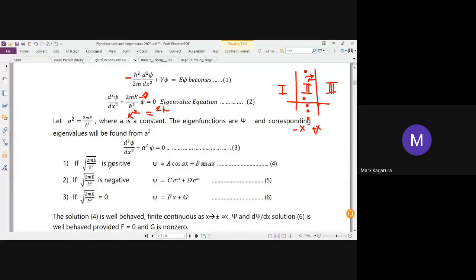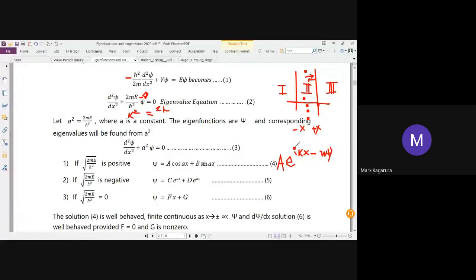It's going to be positive, so you'll have this cos and sine, but then we said that this is the same as A e^(i(kx minus omega t)).